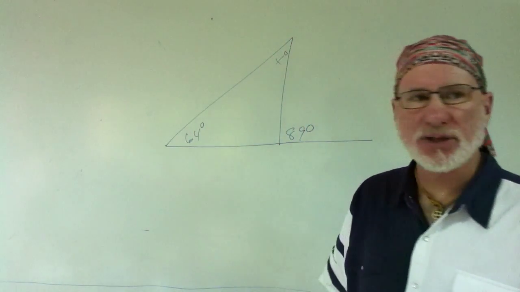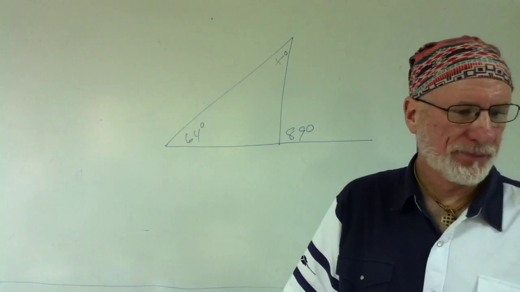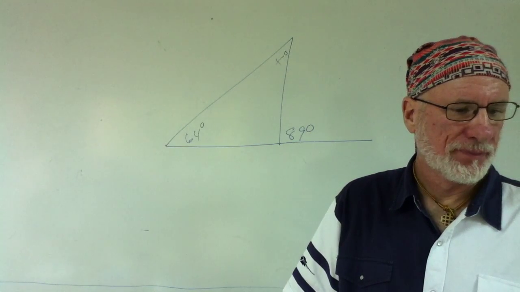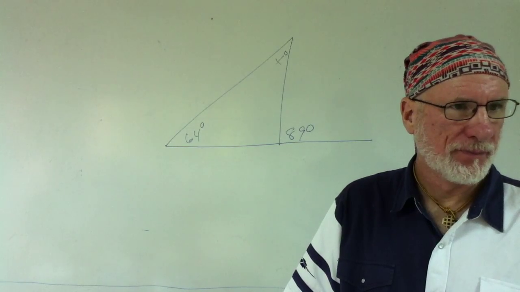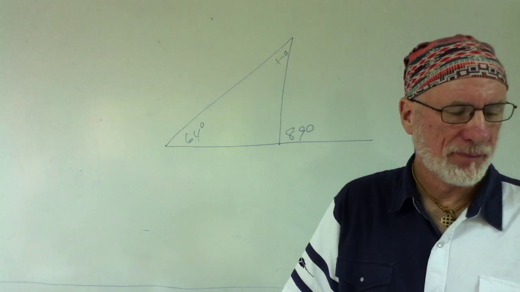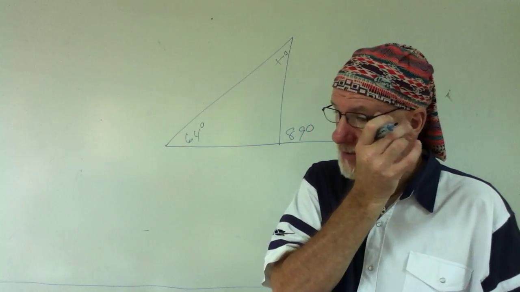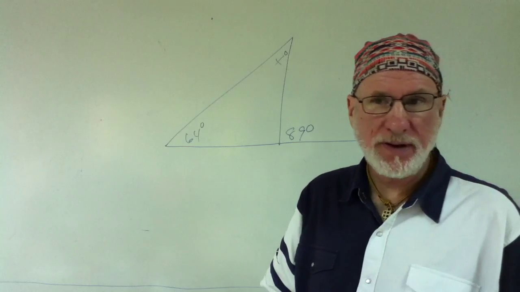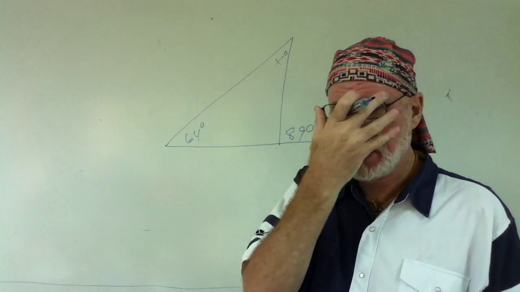Okay, so what is X going to be? How do you get 25? What is it? 30? How do you get 30?